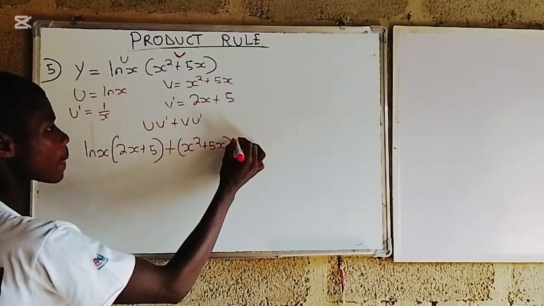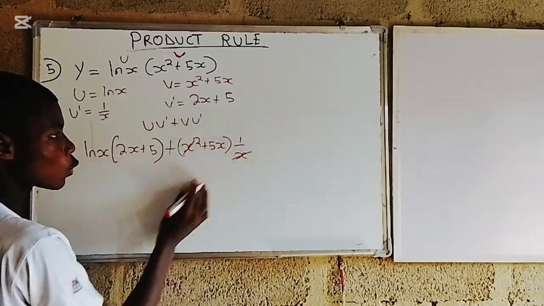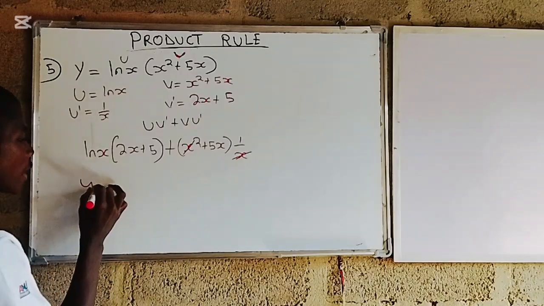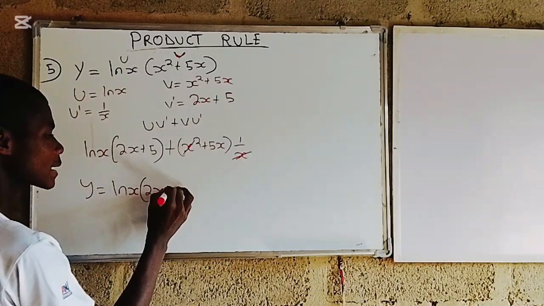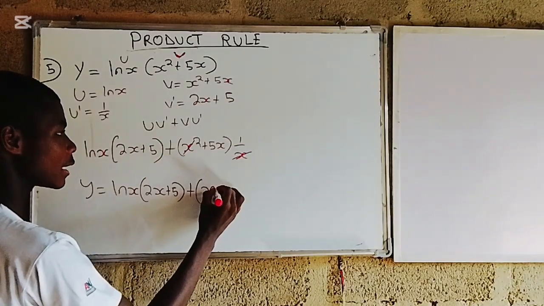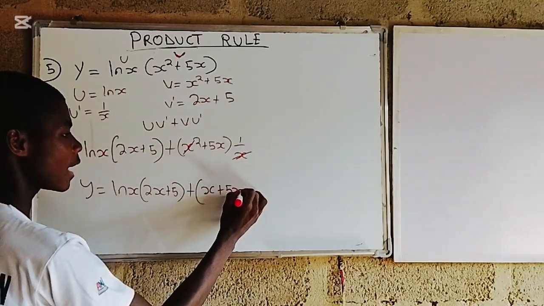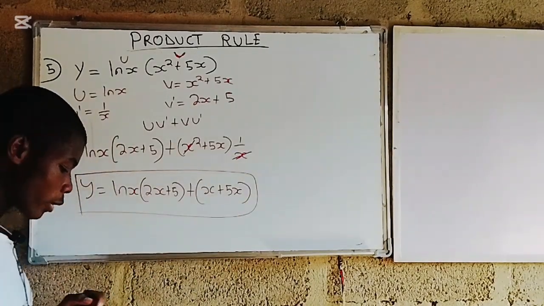What is u prime? Which is 1 over x. 1x will cancel with 1x. At the end, y should now be equal to ln x times 2x plus 5, plus only x here, plus 5x. So this is the final solution to this problem.